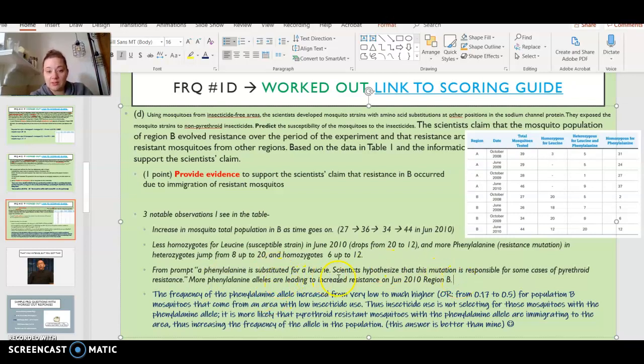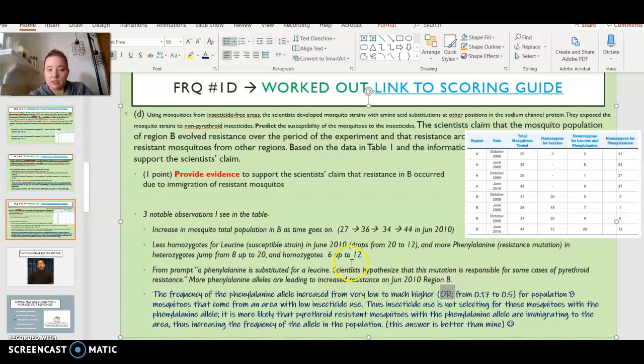More phenylalanine alleles are leading to increased resistance in June 2010 in region B. That was my answer. And then I looked at theirs and they went into a little more detail. So the frequency of the phenylalanine allele increased from very low to much higher. Then they say or.